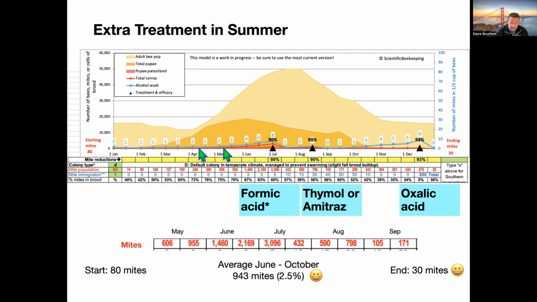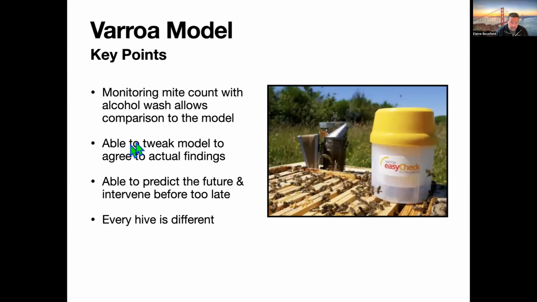And when the chart agrees to what I see in real life, then I know what the future looks like. Equally, I may only find one mite, in which case I can adjust it downwards. So yeah, you can tweak the model to agree to your findings and predict the future.